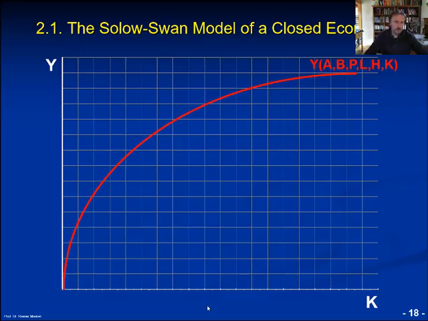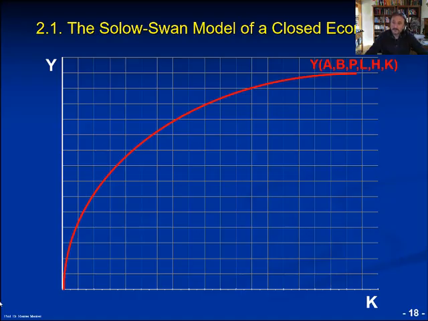Since we keep all other production factors in this diagram constant, physical capital displays decreasing marginal productivity, which means the GDP production curve dependent on physical capital gets flatter and flatter the more capital we use.